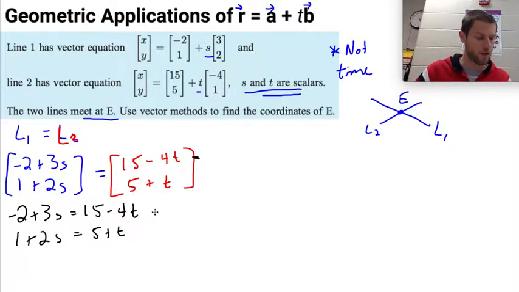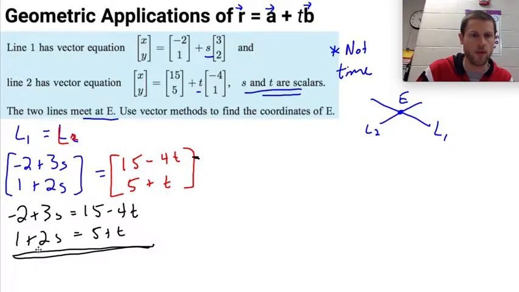So I do a whole bunch of rearranging here. Let's rearrange the top equation and rewrite that, getting everything to one side. That is 3s plus 4t equals 17. And rearranging the bottom equation, I'll get 2s minus t equals 4.